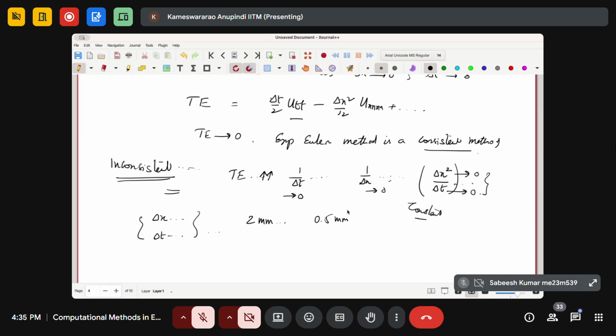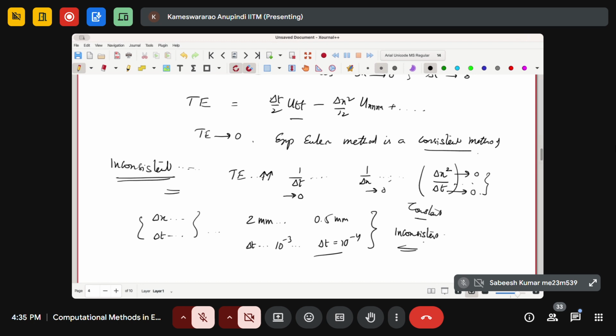How can you explain this phenomenon? You might have run into some problem like this. Or you might say, when I have taken delta t to be 10 to the power minus 3, I'm getting a better result. The moment I refine my delta t to 10 to the power minus 4, my results are actually bad. This is happening because one of the schemes that you're using is actually inconsistent, right?